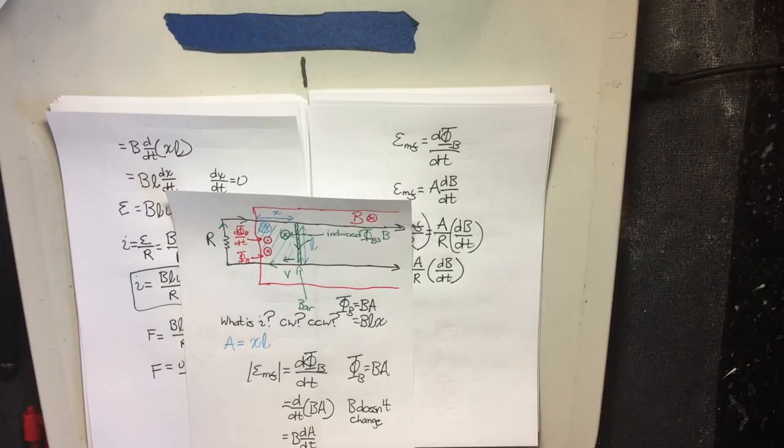The current is going from top to bottom, so in which direction is the magnetic force on the bar? Bottom to top? What is the right-hand rule game that we play with force on a wire in a magnetic field?